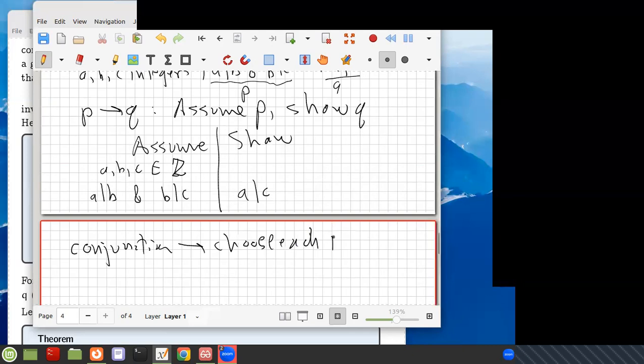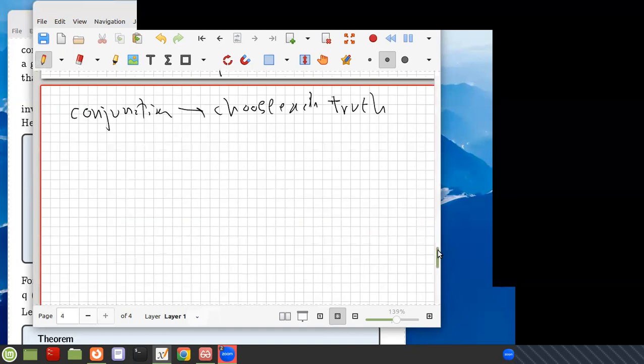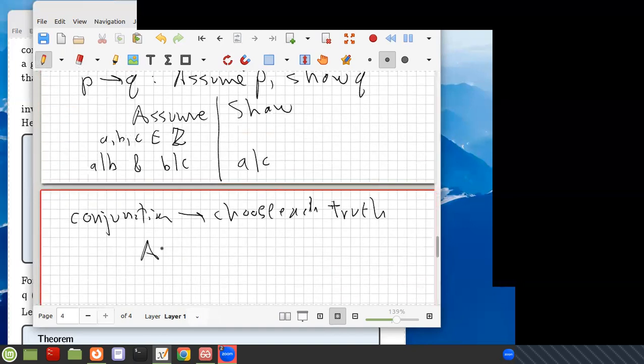We'll see some more of these patterns. So that allows us to again make this change to simplify what we're assuming and showing.